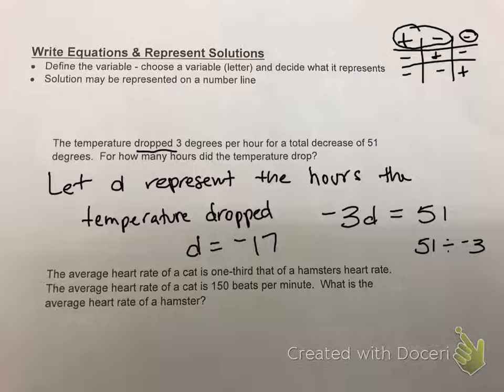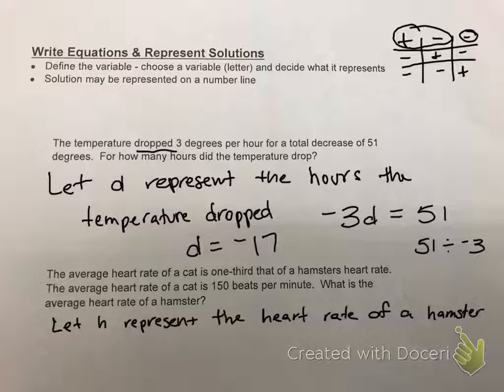So let's define the variable. Let H represent the heart rate of a hamster, and our equation is going to be 1/3 H equals 150.